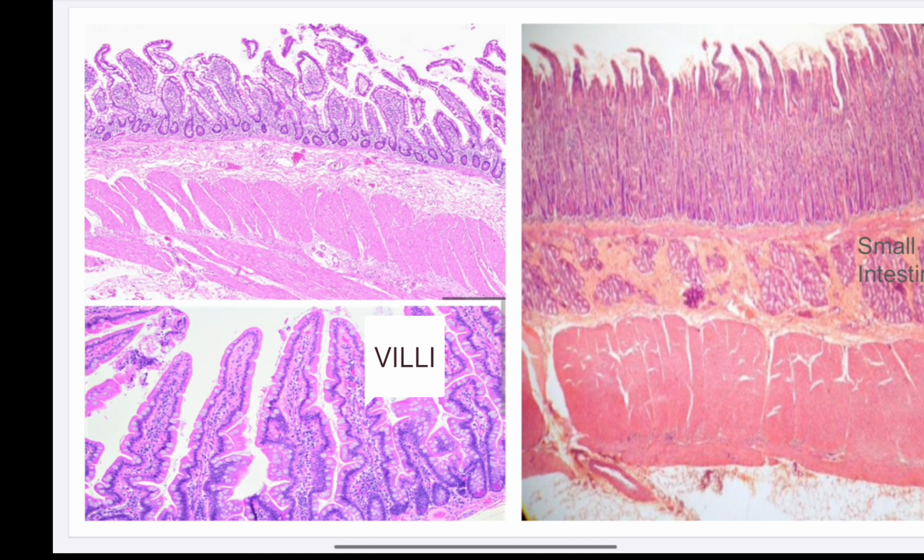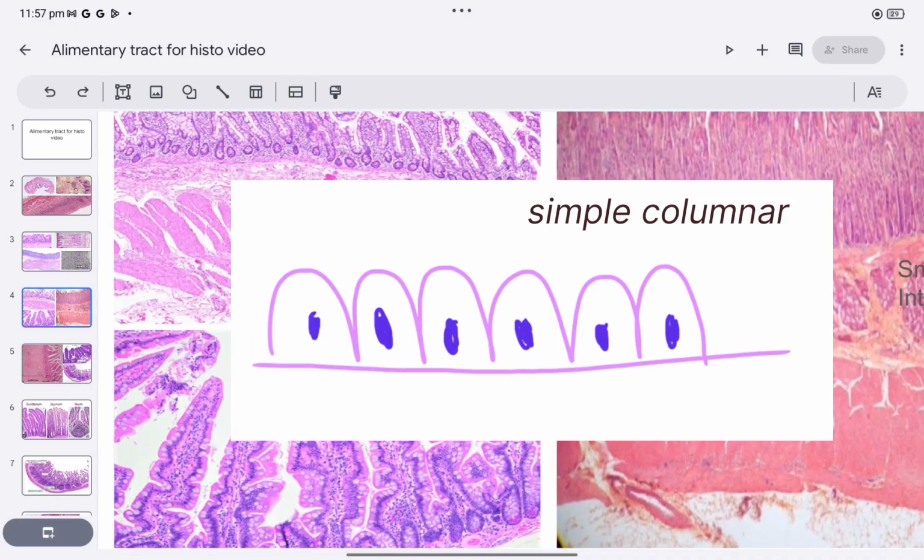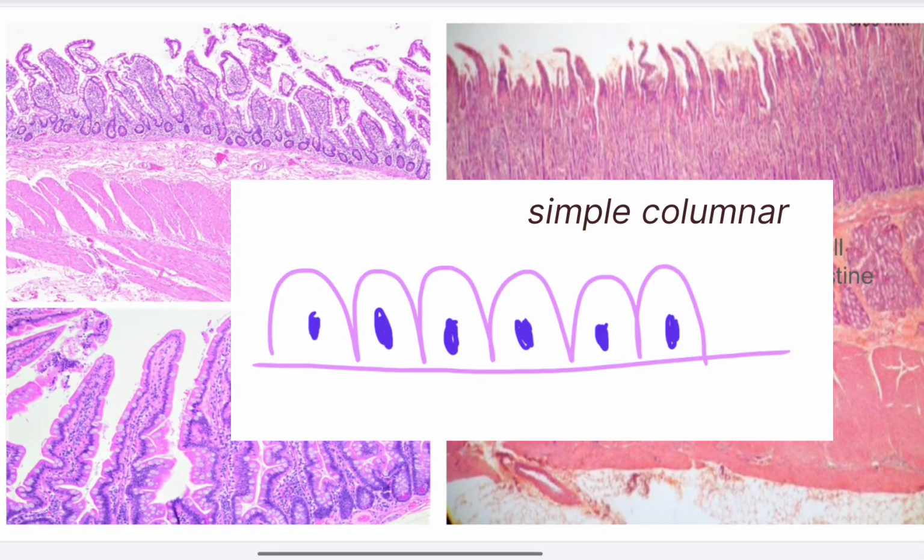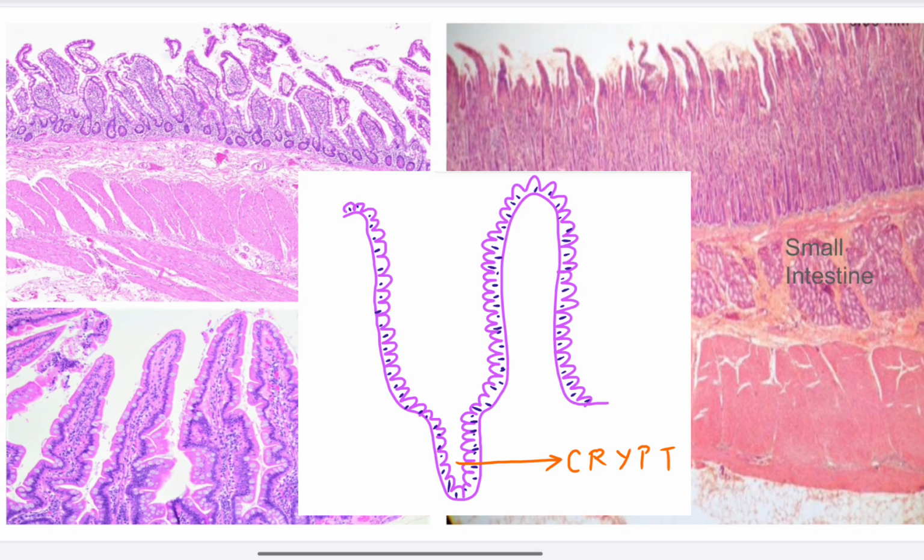Here the ridges are quite long, giving rise to finger-like structures, as you can see in all the slides. The epithelium is the same, simple columnar, and at the base of the villi, where the epithelium dips downwards, intestinal crypts are formed, just like the gastric pits in the stomach.